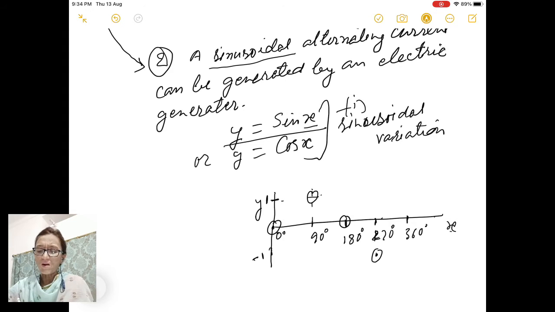So you have plotted different points on this y versus x graph, and when you complete the graph and draw a line freehand, you can get this kind of graph. This is your sinusoidal variation graph. So any quantity varying sinusoidally will have this kind of graph.